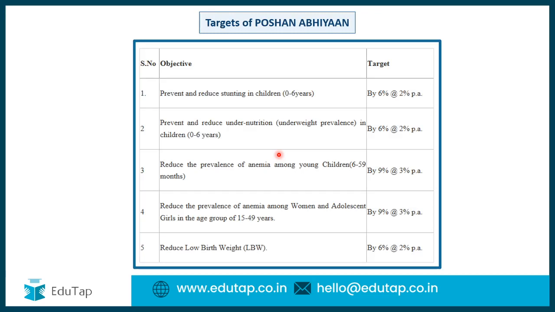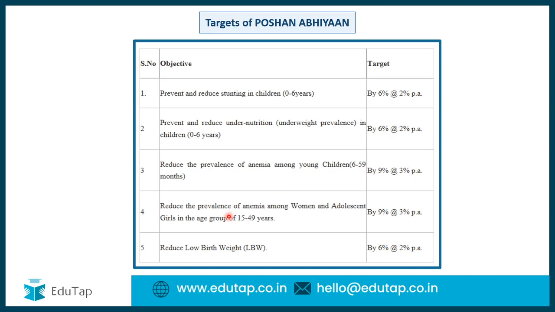Fine. Targets are here. All these are important targets. These can be asked in the examination. Prevent and reduce stunting in children by 6%. Prevent and reduce undernutrition in children 0 to 6 years by 6%. Reduce the prevalence of anemia among young children from 6 to 59 months by 9%.